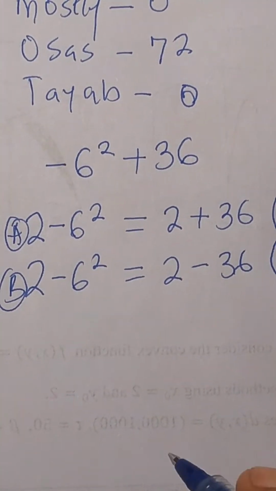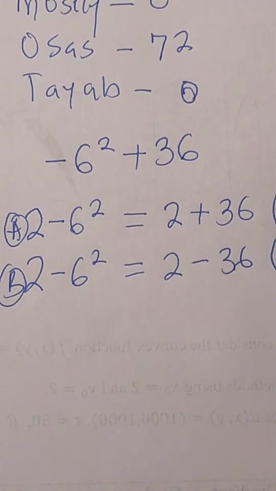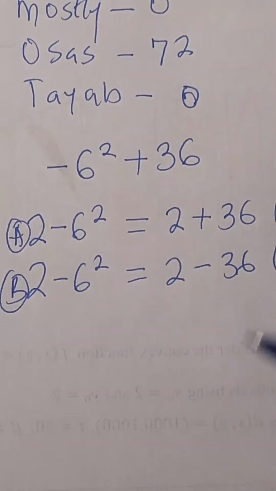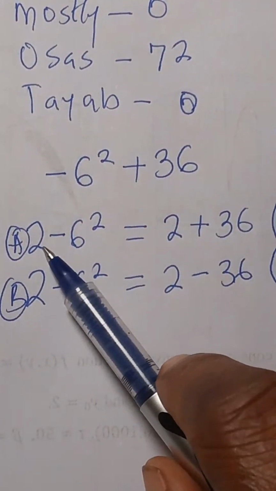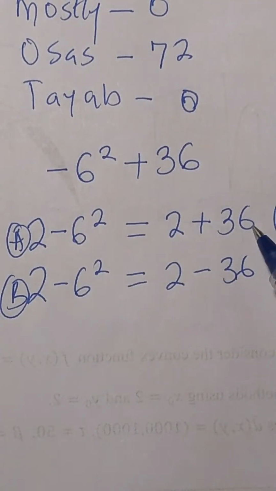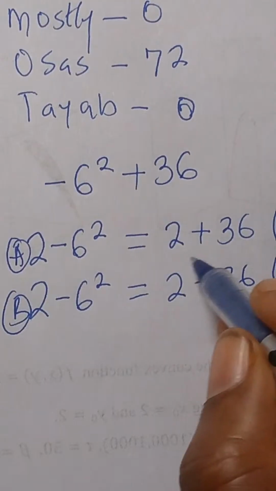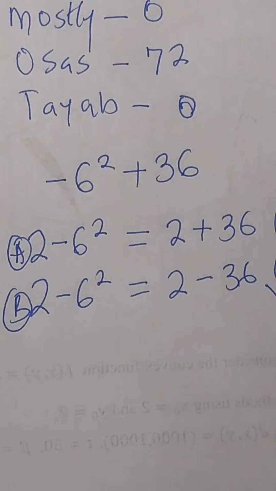Okay, Osaz, you say you solve it as A. So you're telling me that if you are asked to solve 2 minus 6 square, you're going to write 2 plus 36. All right, so anyway, it's not supposed to be A, it's B.